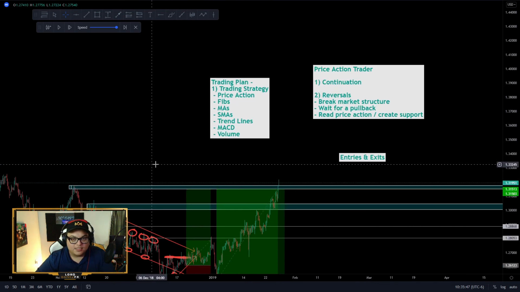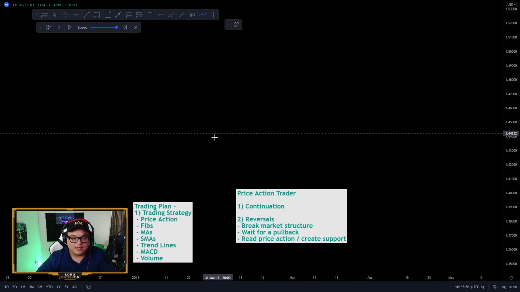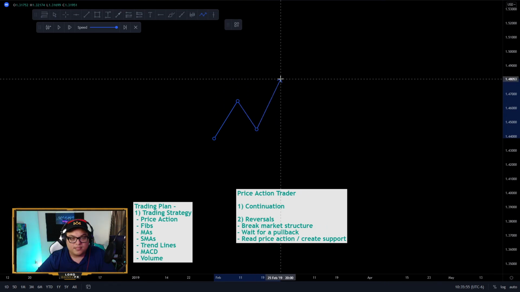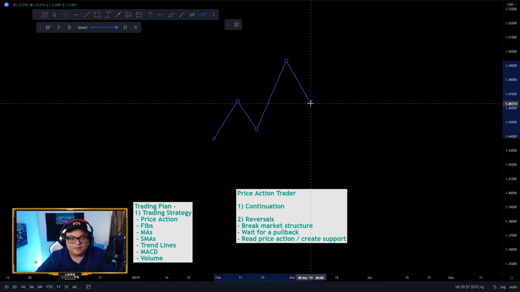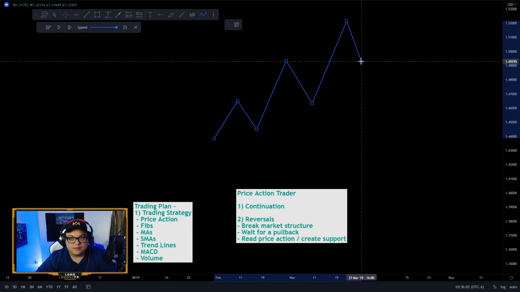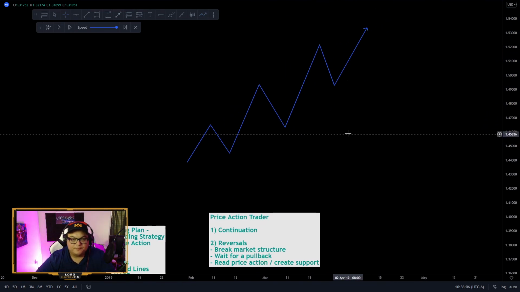Consolidation, there's the two you're going to look for, is like this. Okay, you're either going to continue to the upside like this, right? Continuation.